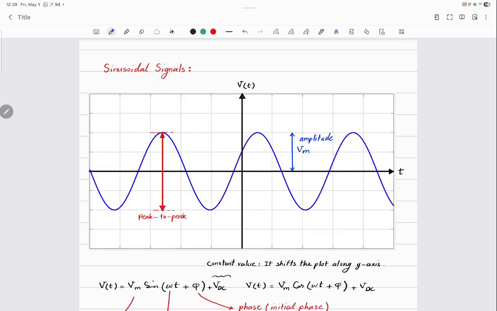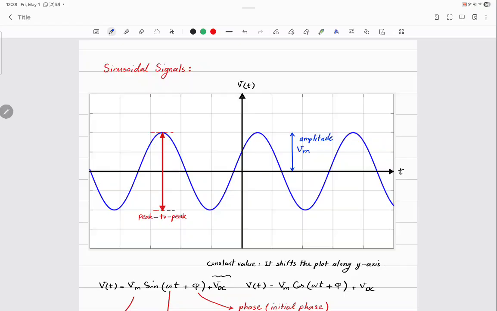Now, if you look at the horizontal black line, if I measure from the black line to the positive peak, it's also equal to the amplitude. So can I give that as a definition of amplitude as well, or no? Can I define amplitude as the distance from 0, the horizontal line, to the positive peak, or from 0 to the negative peak?